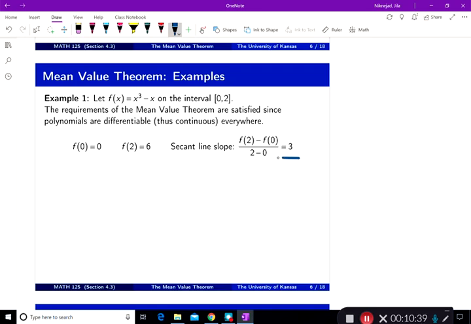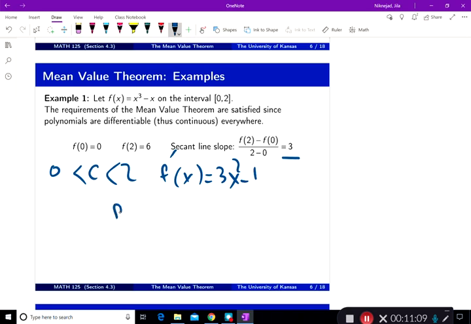that there is a point in between. So there is a C between 0 and 2 such that the derivative of the function, which is f prime of x equal to 3x squared minus 1, can take the value 3.